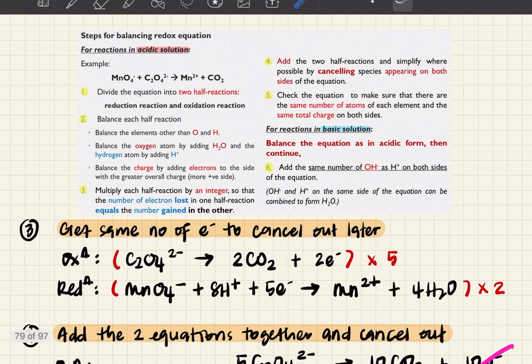Okay, so that means that you need to get the same number of electrons on each half reaction so that you can cancel out the number of electrons later. Okay, so maksudnya kalau tadi, okay, saya just salin balik my equation and I can see that I have 2 electrons here. Okay, on my reduction half equation, I have 5 electrons.